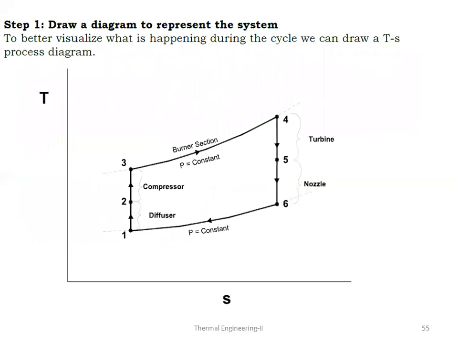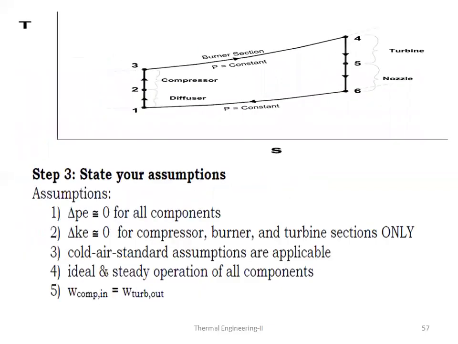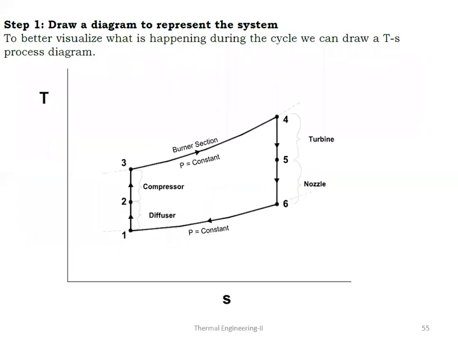Here we can see the TS diagram for this one, and let us try to draw the TS diagram for the problem. So here the TS diagram can be drawn as 1 to 2 for the jet engine.